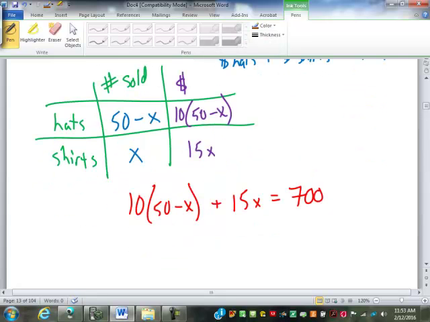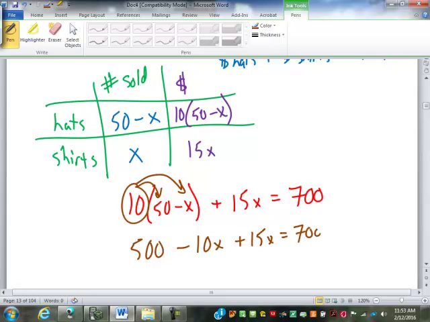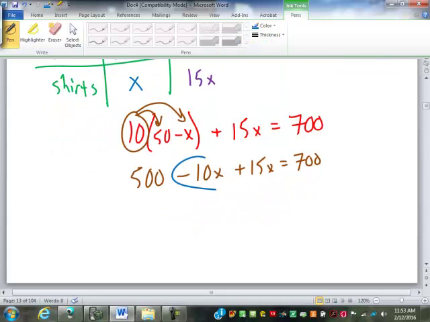And like we did before, 10 times 50 is 500. 10 times a negative x is negative 10x, plus 15x equals 700. Combining negative 10x and positive 15x gives us 5x, so 500 plus 5x is 700.